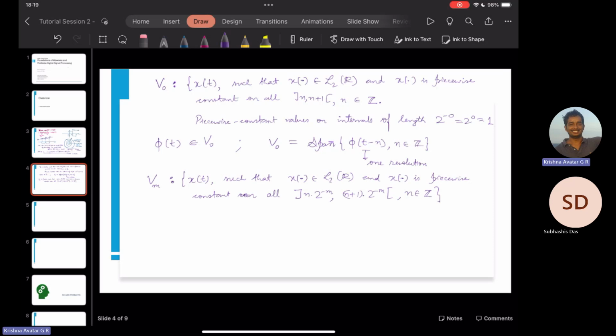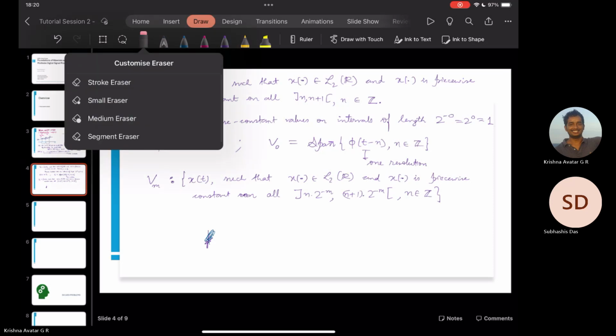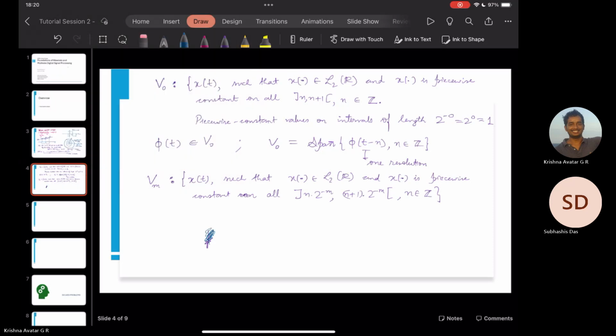Because of the way we have defined it, it will resolve like this. Just to make you understand, let me consider a signal defined over the domain, so let's define our unit length, 0 to 1. Let this be some signal.